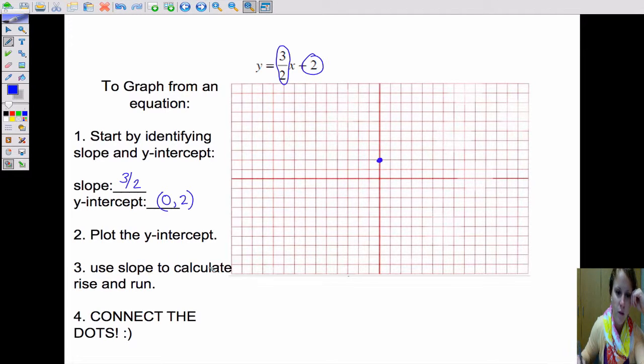And then we use the slope to calculate the rise and the run. This is our rise over our run. So we're going to go up 3 over 2. Up 3 over 2. And if I want to go backwards, I just do the opposite so that my line keeps a pattern. I check myself by saying, okay, this is a positive slope, so my line should be going up. And then I draw a line through that, making sure I have arrows on each side of my line.